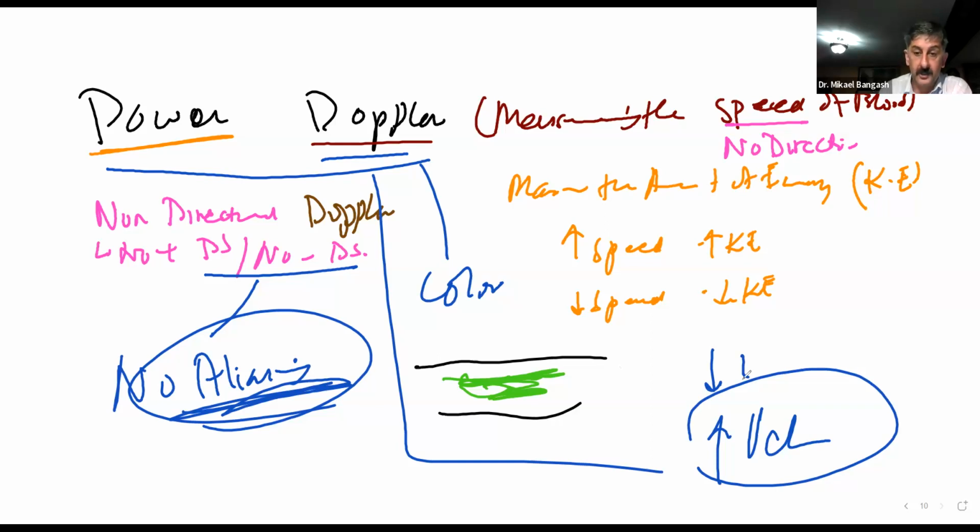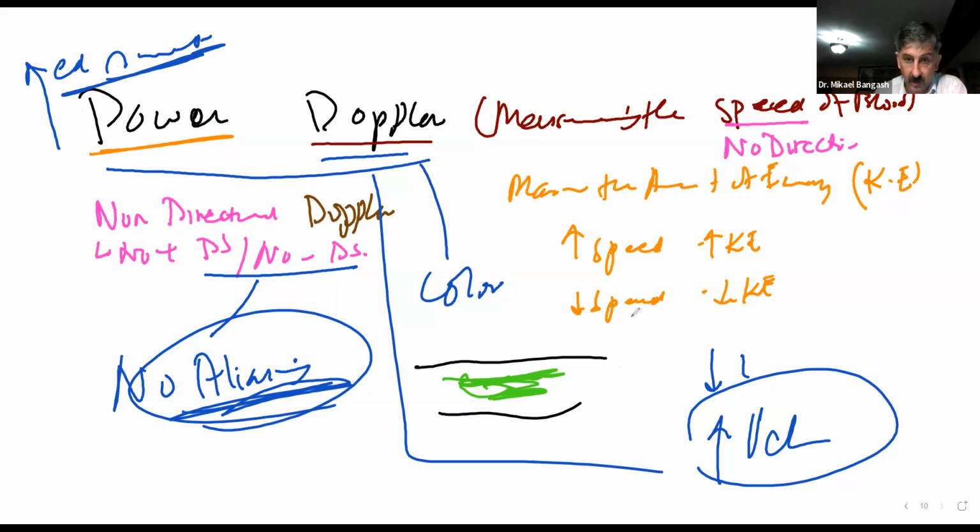The low velocities, mainly because this has an increased sensitivity, which makes it more likely to be able to detect or even record low velocities. Is that clear?